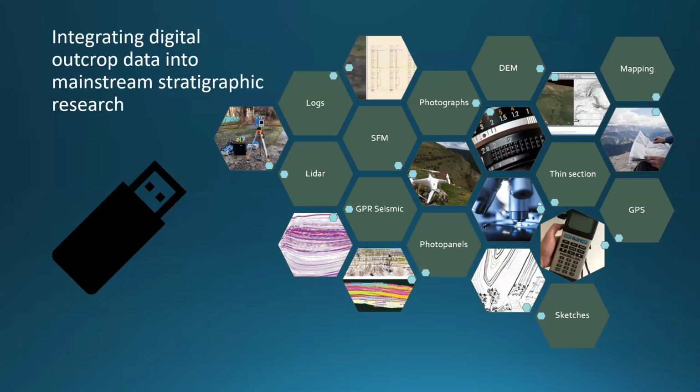With VRGS, the aim is to bring all these different kinds of data sets into a single integrated environment where everything is properly georeferenced and related to one another so you can do your analysis. So we have logs, structure from motion, photographs, elevation data, thin sections, and a whole range of different data types.